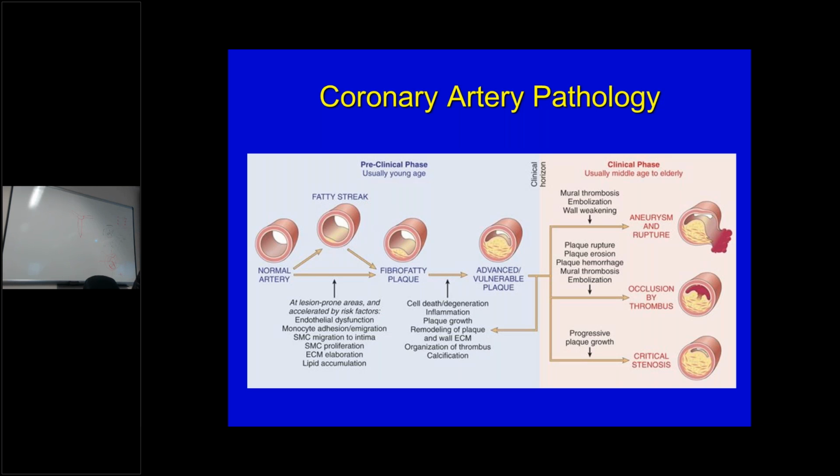So pathology here, you go from that normal artery. When you get lesions or whatever kind of dysfunction caused by disease, diet, whatever, you get this fatty plaque that begins to form, and that's underneath the endothelium, right?